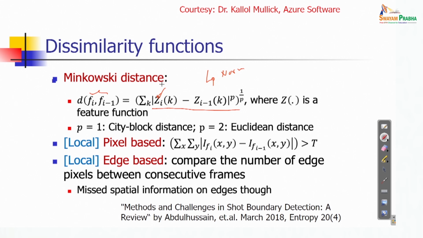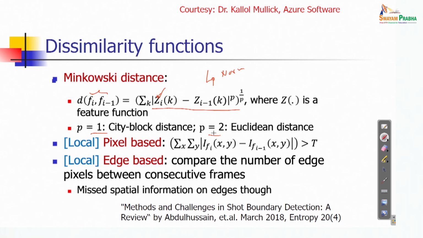We are expecting that consecutive frames should have small changes, and that is captured by this distance. But if this change is higher than a particular threshold, we consider that a shot boundary. In this Lp norm, usually P equal to 1 and P equal to 2 are the two popular choices, which means the L1 norm or city block distance, or the L2 norm or Euclidean distance.